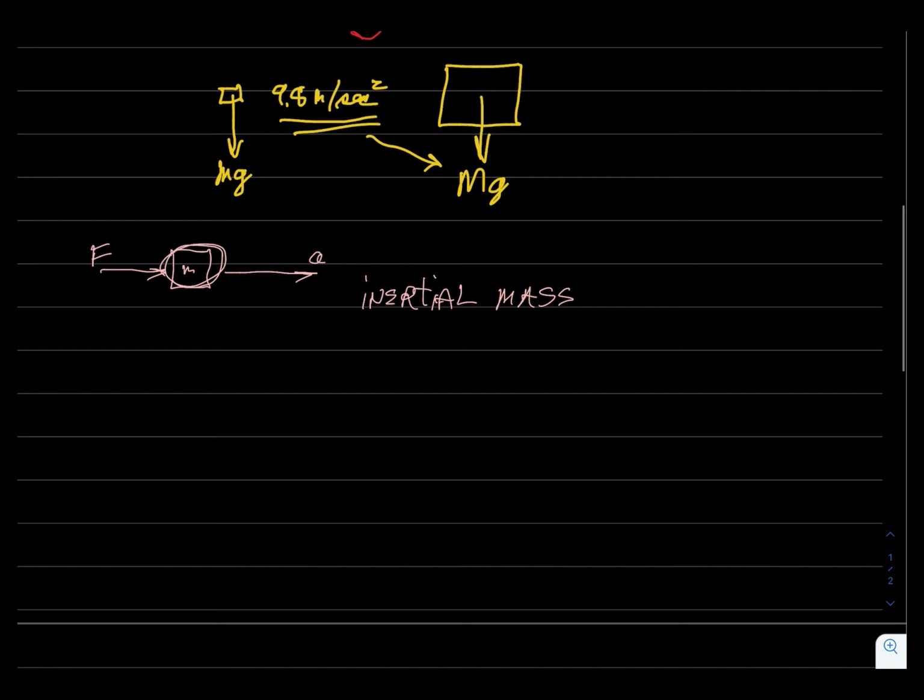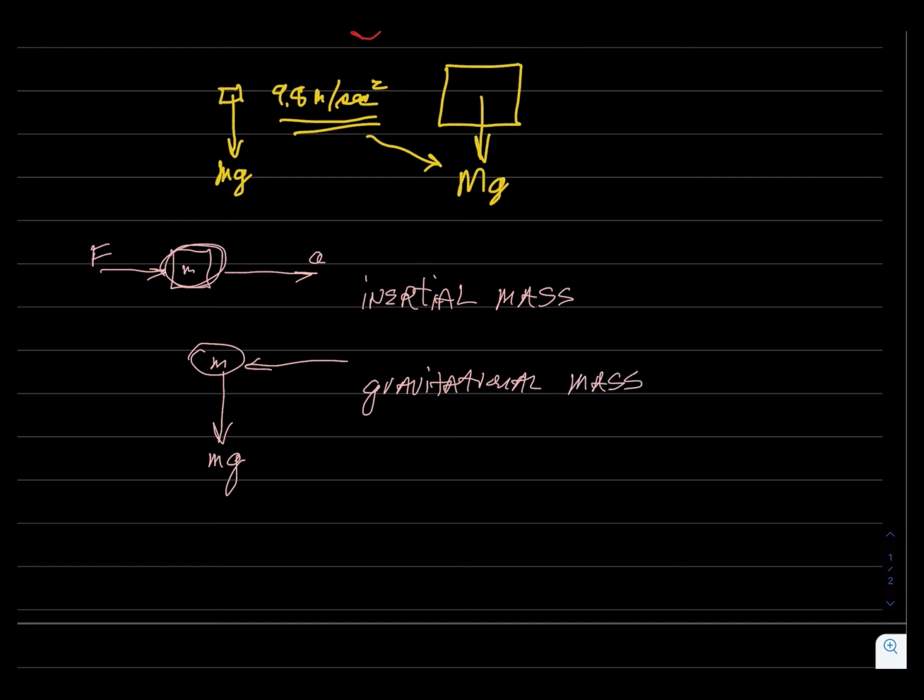However, when an object is being pulled down by gravity and receives a force of mg, now we're talking about the gravitational mass of the object.